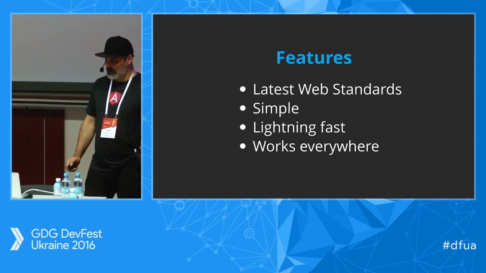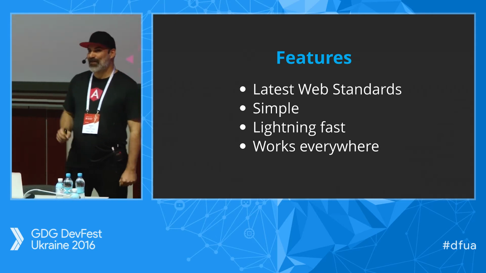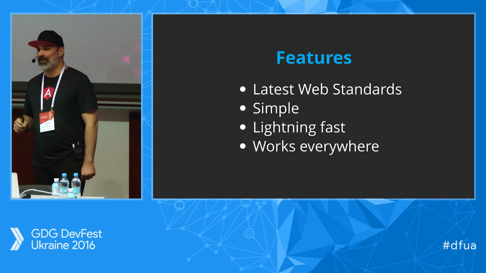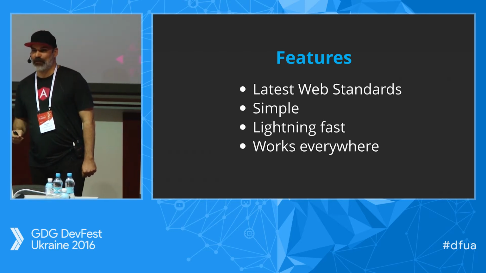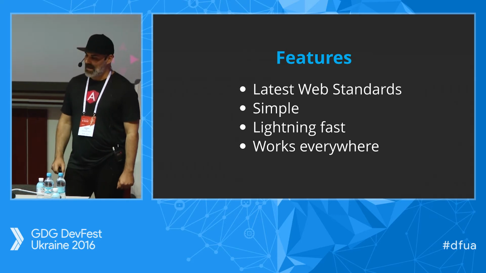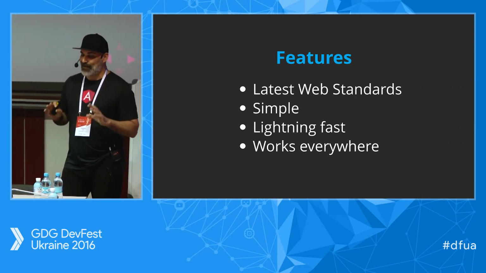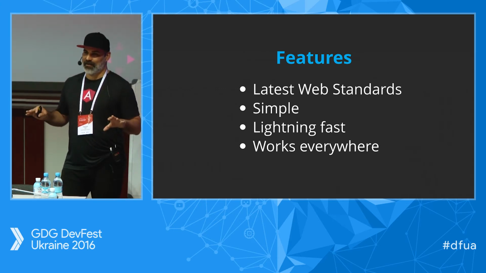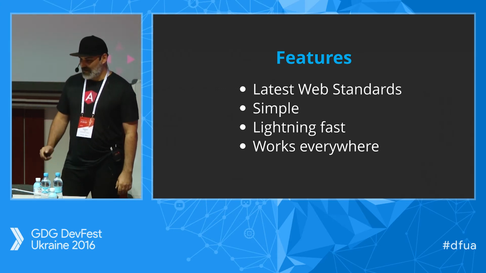So it's simple. There's another feature that is really interesting, and that's performance. Performance-wise, Angular 2 is really, really fast. I don't have the numbers, but it's beating all the other frameworks. So that's really good news.